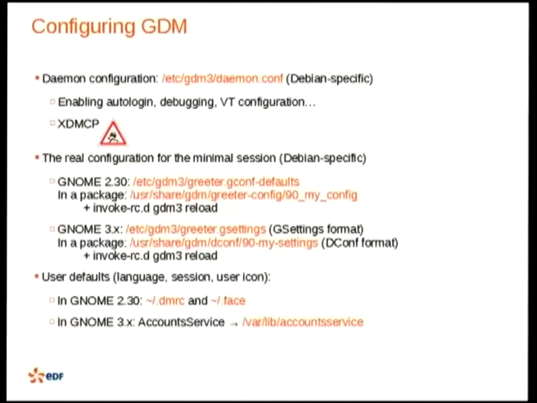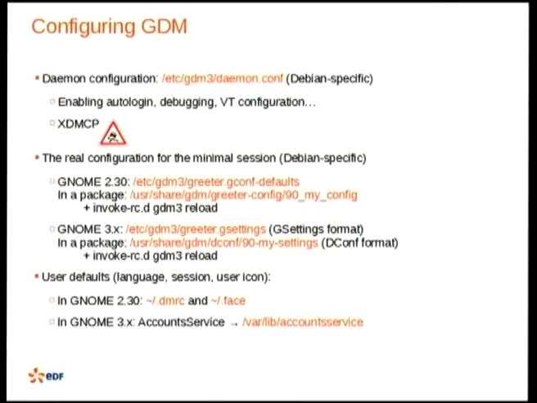So the useful thing to do with GDM is configuring it. As you could see, there is the daemon, so there are things you need to configure for the daemon. There are not a lot of things, but you will enable automatic login here, because in this case you don't even want to run the first login session. Virtual terminal configuration.